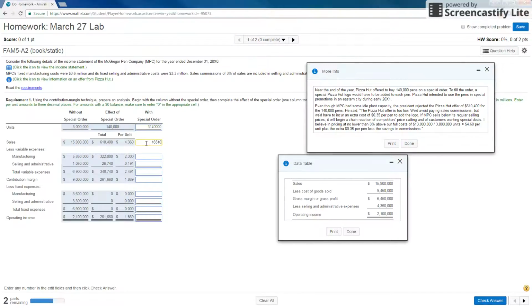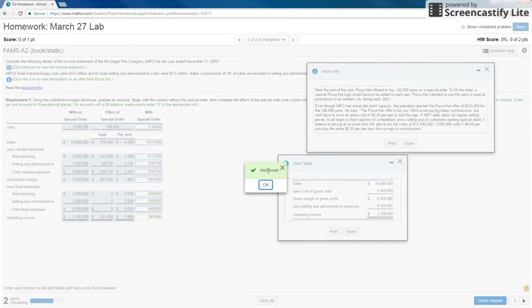I'm adding these two columns to each other: 16,510,400, 6,172,000, 1,076,740, 7,248,740, 9,261,600, 3,006,000, 3,300,000, 6,900,000, and 2,361,660. That was the first part.